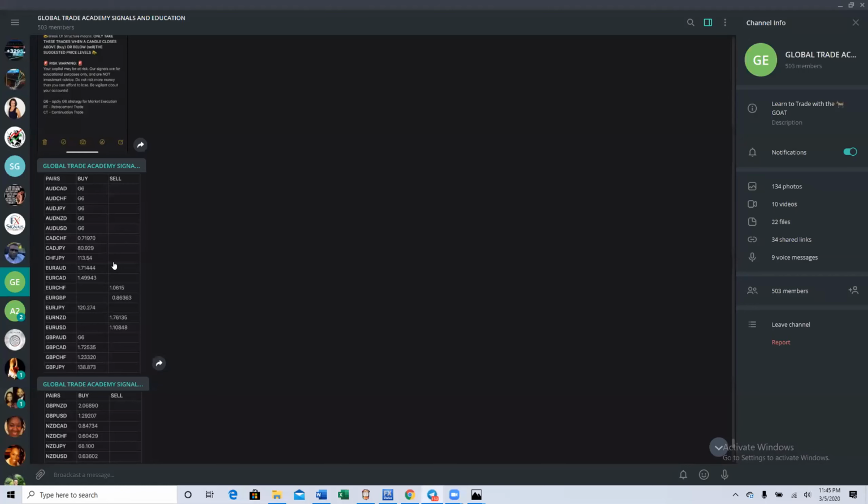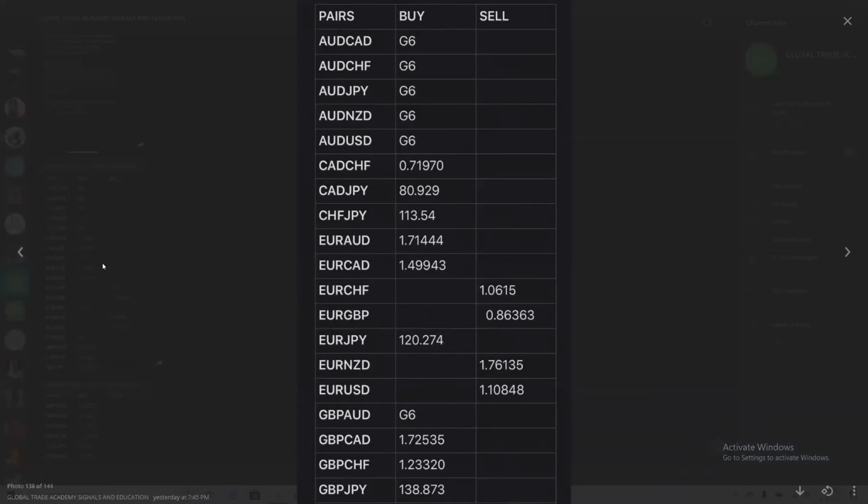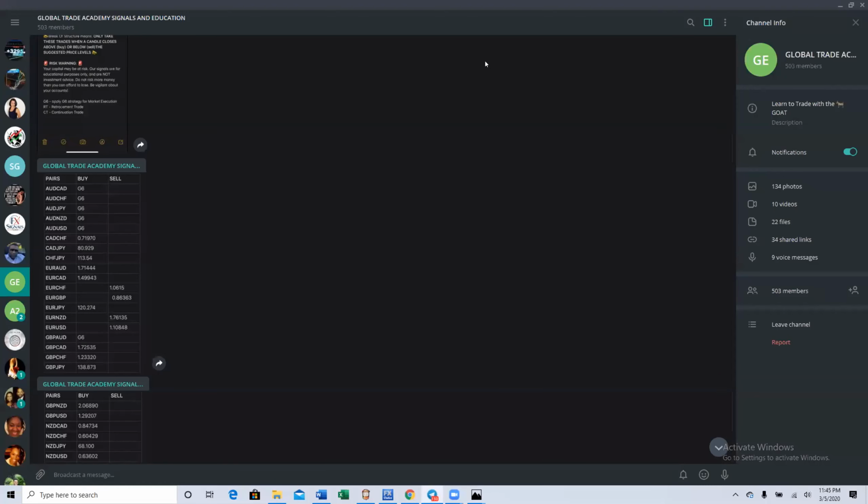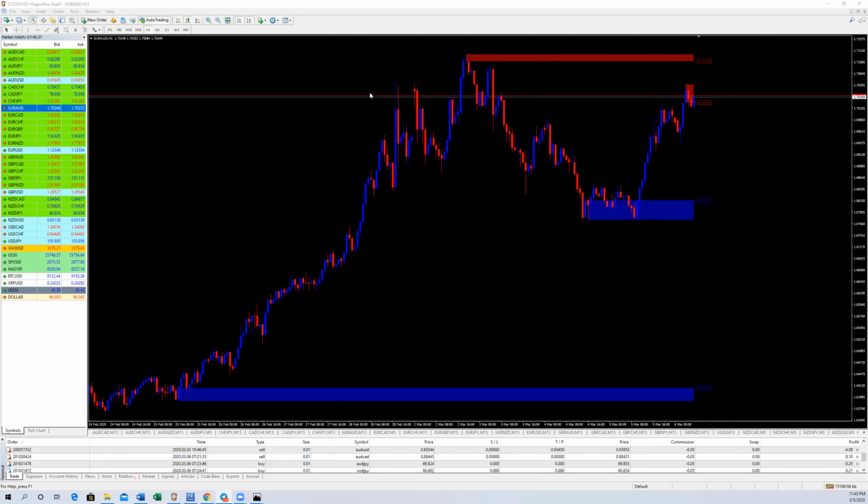Perfect. So, all right, we said we were gonna do Euro AUD. So the price point for Euro AUD was 1.71444. I'm going to switch back over to my MetaTrader 4 screen, and we're gonna mark that price point on our chart.